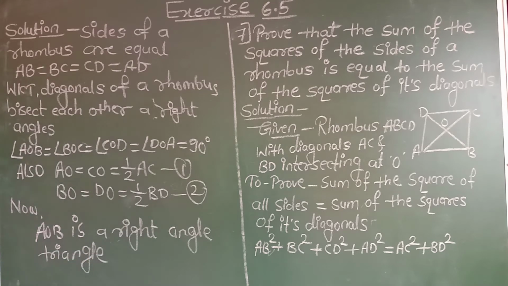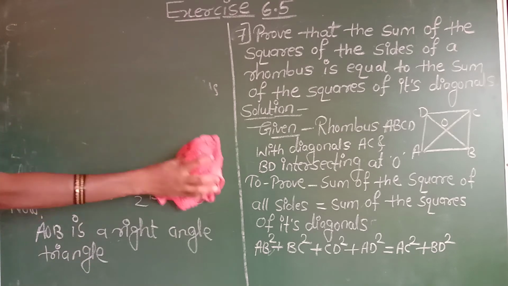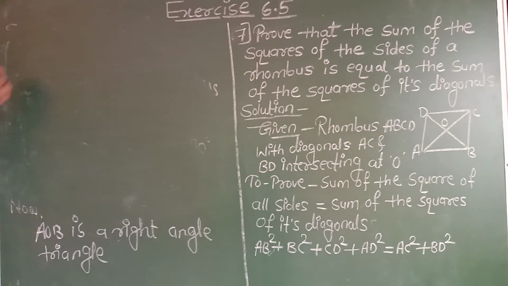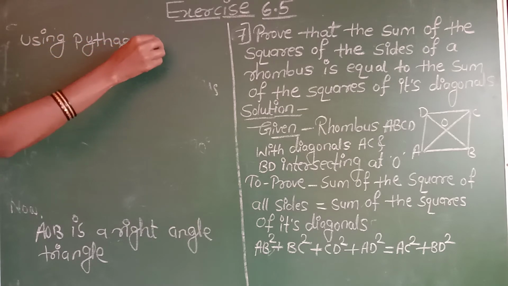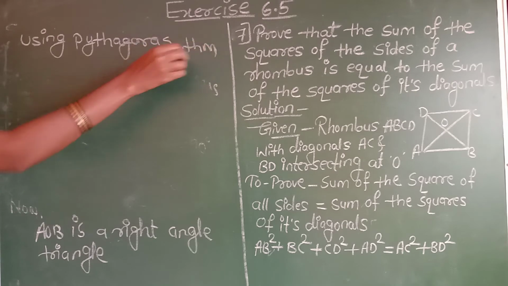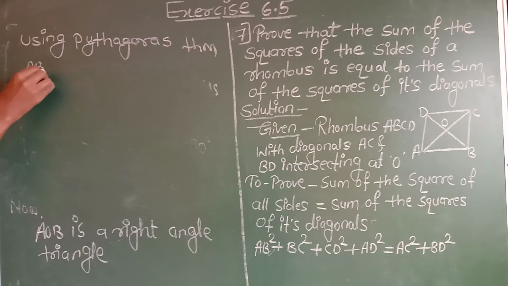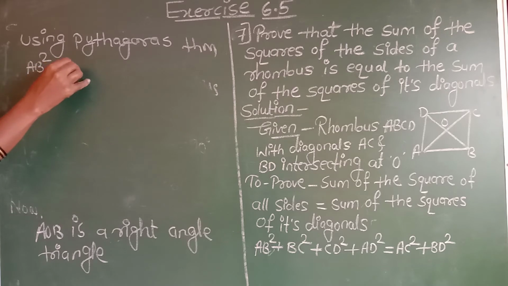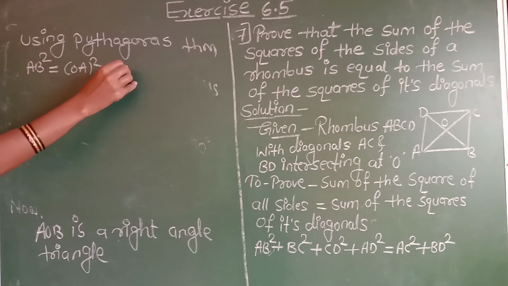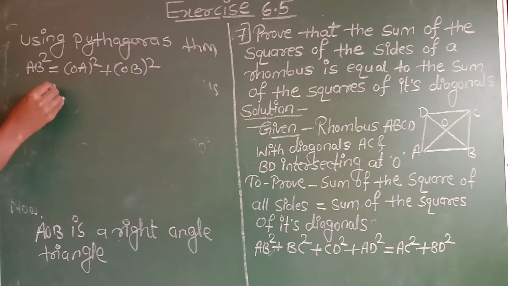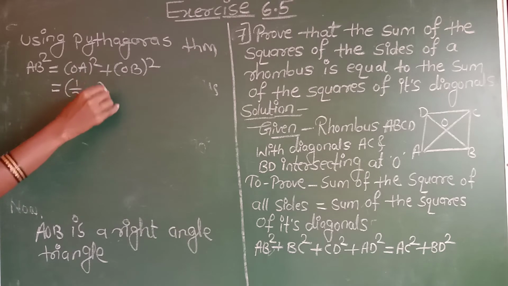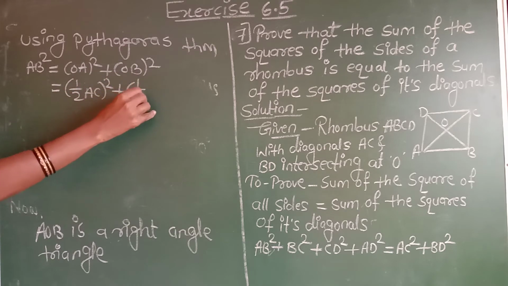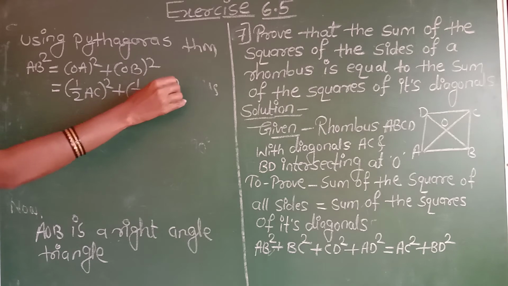Using Pythagoras theorem, we can write AB square. AB is the hypotenuse. AB square is equal to OA square plus OB square. OA we wrote is half of AC, and OB we wrote is half of BD.